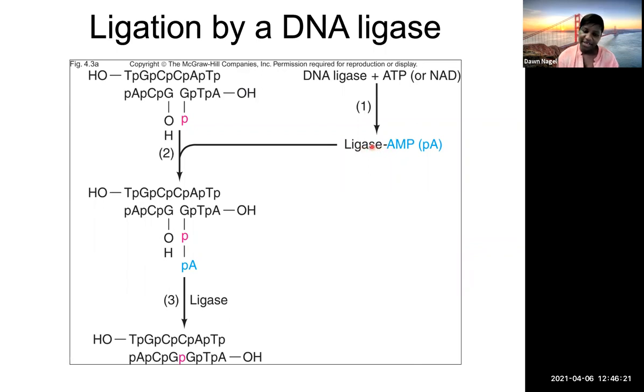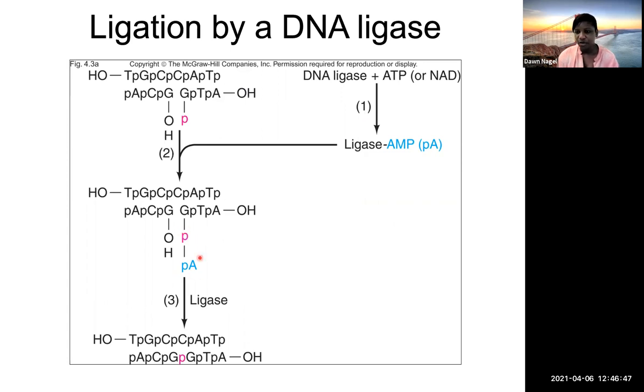Being an activated enzyme, it's able to donate a phosphate to the 5' phosphate in the DNA sequence. By donating this phosphate to the free phosphate group in the DNA sequence, it creates a highly charged diphosphate.